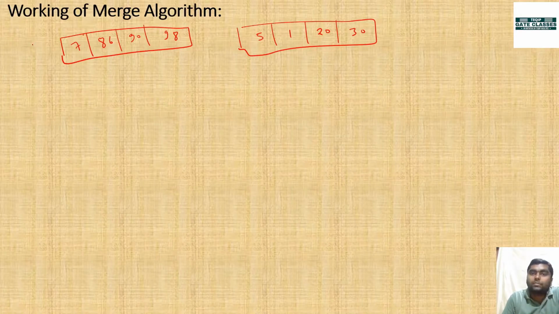Okay, I think they are not sorted. This is wrong. So it is 1 and 5, and this is sorted.